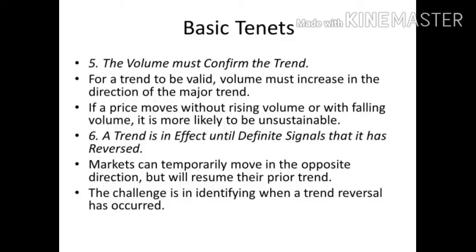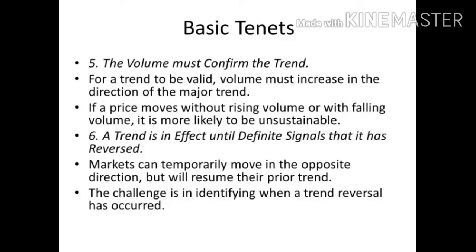So if we see stocks going up, right, let's say the major trend of a particular stock or stock index is upwards, then for this to be valid, we need to see volume increasing as the prices go up. And conversely, when prices go down, we should see maybe less volume. Now, why is this important?